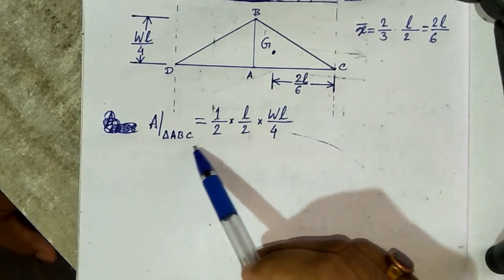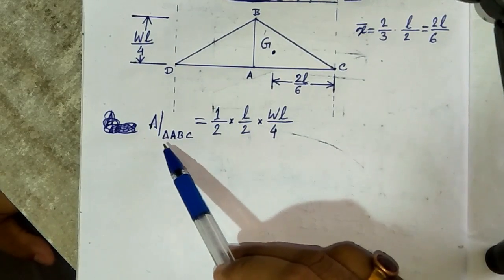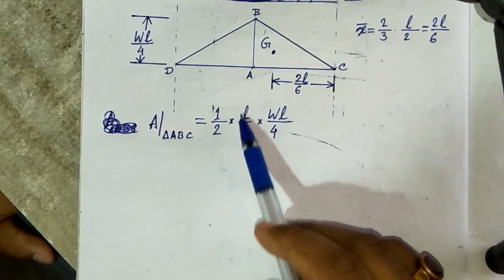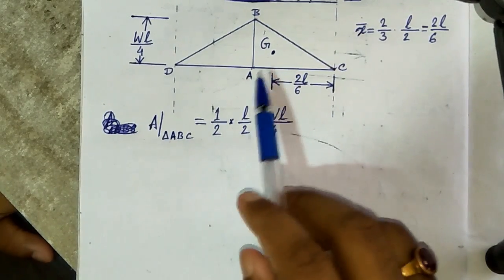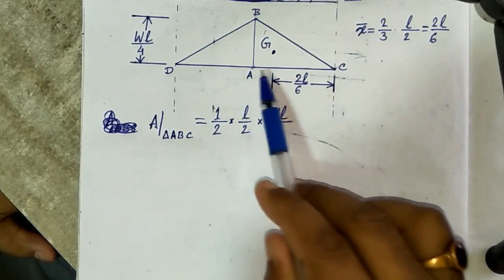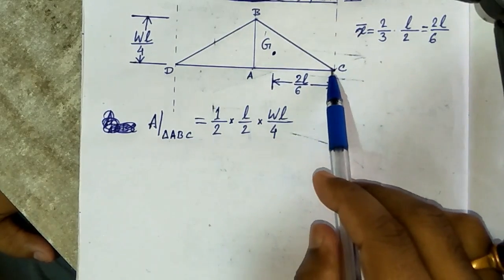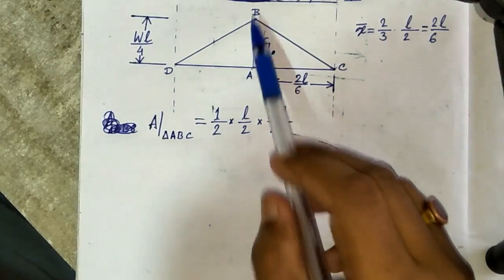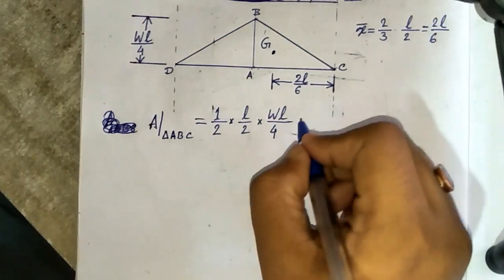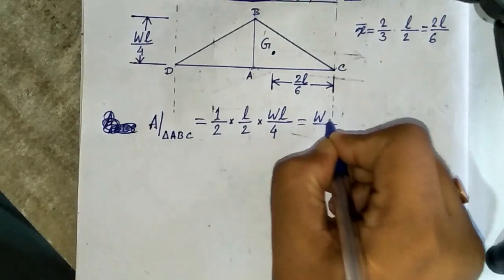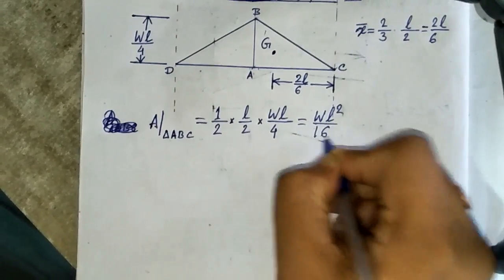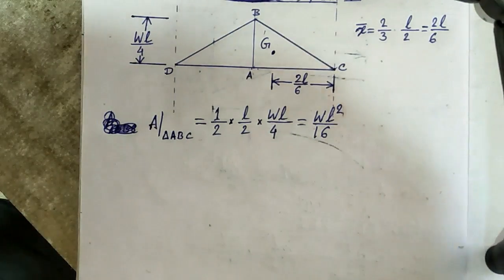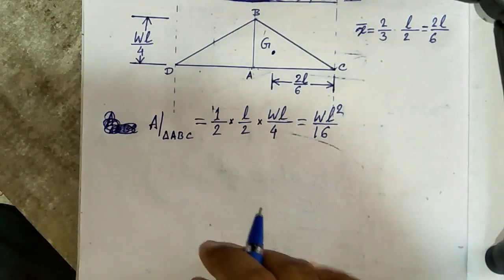The area of the triangle ABC is half into the base length, A to C, that is L by 2, into the height, that is WL by 4, which is AB. That becomes WL square by 16. This is the area of the triangle ABC.